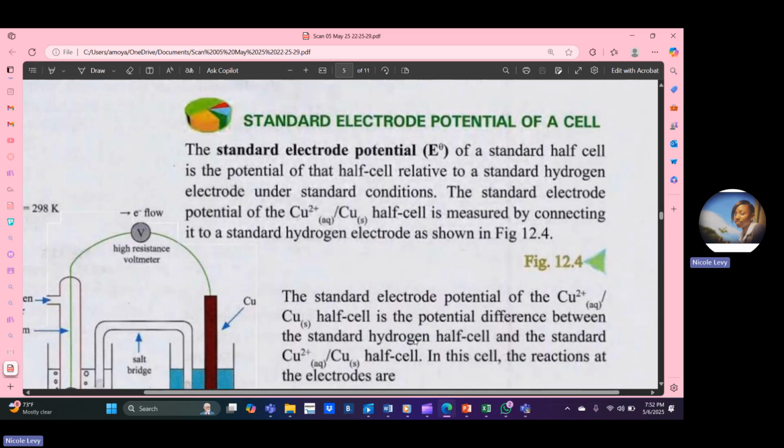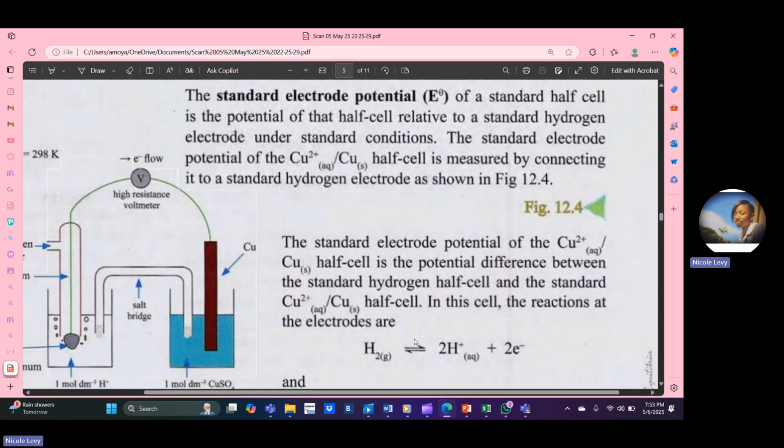So E naught is the potential of that half cell relative to a standard hydrogen electrode. So it's literally the potential value that you measure when you connect it to SHE. All right, so any value you get whenever you connect a half cell to SHE, that is what we call the E naught value.